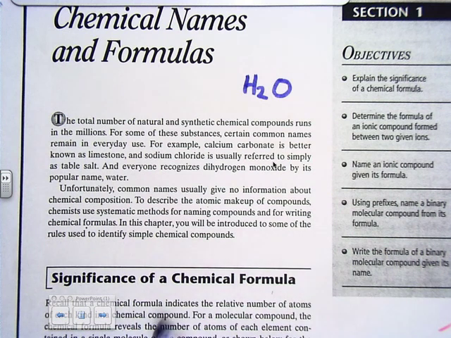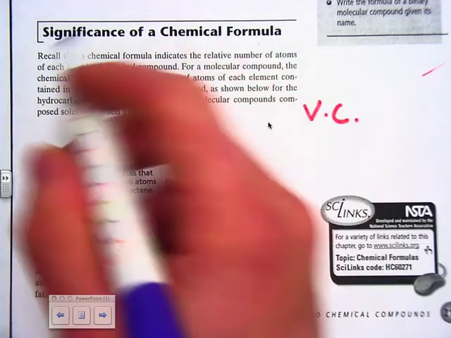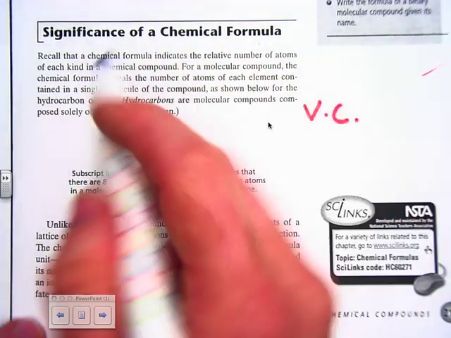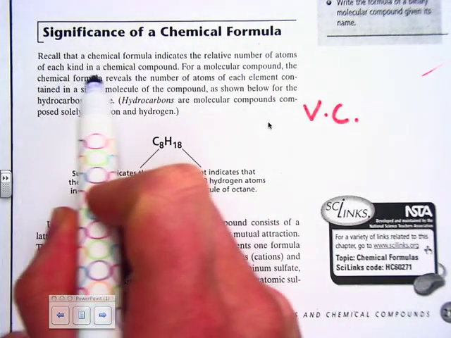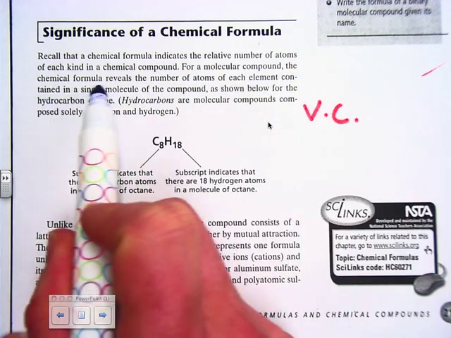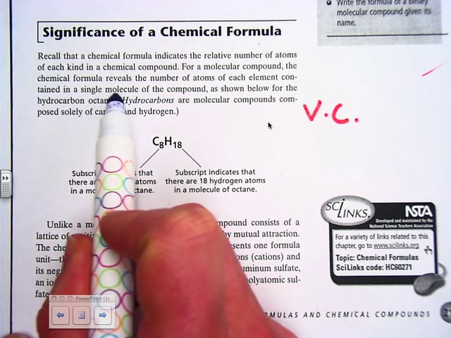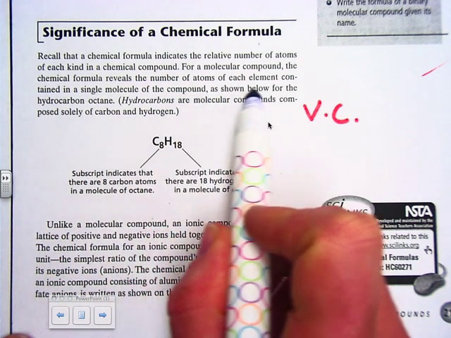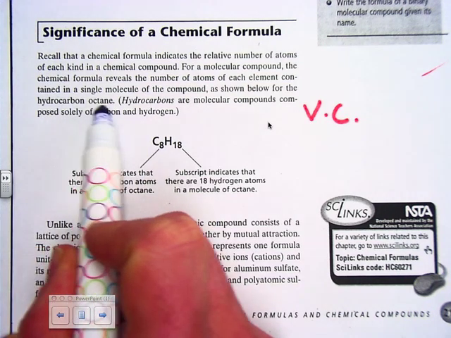In this chapter, you will be introduced to some of the rules used to identify simple chemical compounds. All right. So, significance of a chemical compound. A good place to maybe write in your notes, section 1, maybe significance of chemical formulas. Recall that the chemical formula indicates a relative number of atoms of each kind in a chemical compound. For a molecular compound, the chemical formula reveals the number of atoms of each element contained in a single molecule of the compound, as shown below for the hydrocarbon octane.